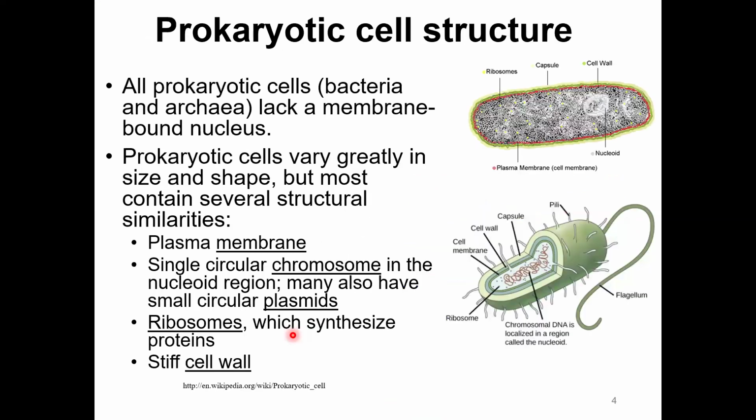So in a prokaryotic cell, what we see is they have no membrane-bound nucleus. They vary in shape and size, but contain several structural similarities where they have a plasma membrane, a single circular chromosome in the nucleoid region right here, where it also contains maybe small plasmids, which are like small particles of DNA or nucleic acids.